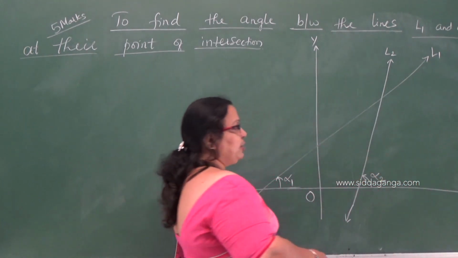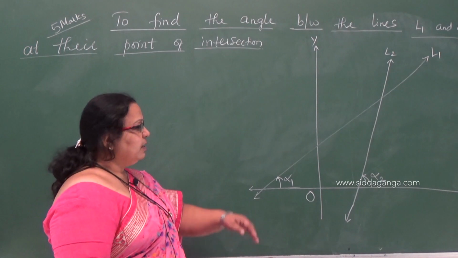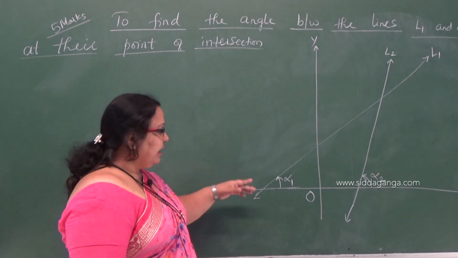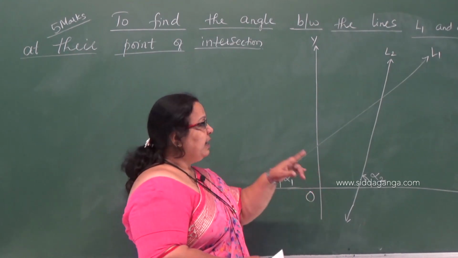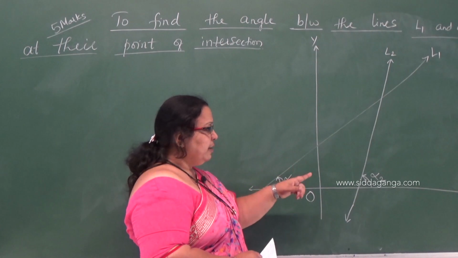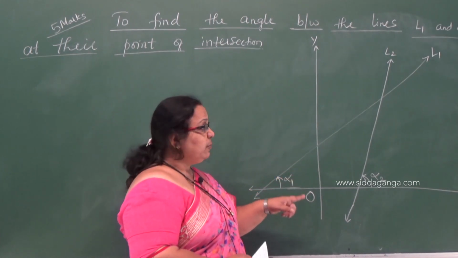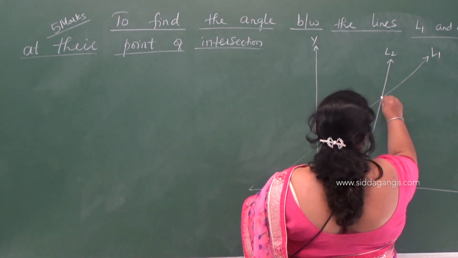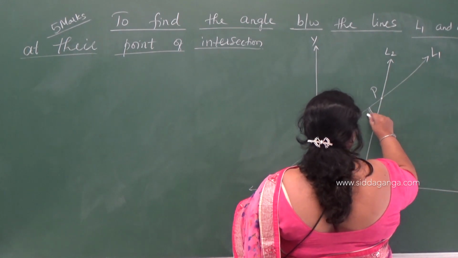The measurement of an angle must always be taken from the positive x-axis. Let the line L1 make an angle alpha 1 with the positive x-axis. Let the line L2 make an angle alpha 2 with the positive x-axis. Now this is the point of intersection here. So now you take this angle as theta.